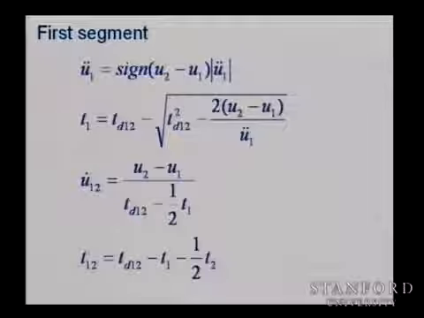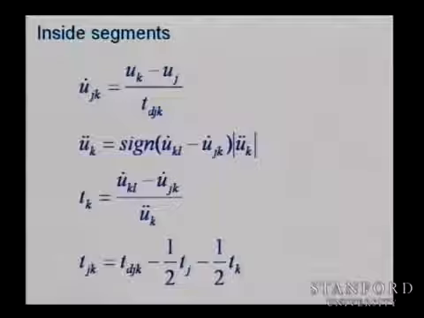Once we compute that, and we know the duration of the entire segment, then we can compute t sub 1 using that. Then we can compute the velocity for that segment, u dot 1, 2, and then we can compute the time for the linear part of that segment.